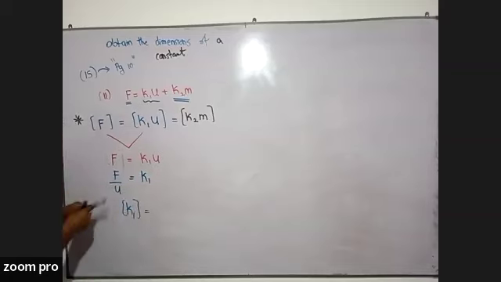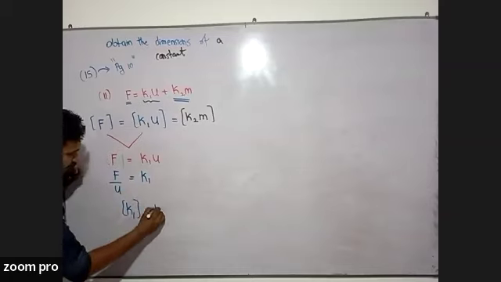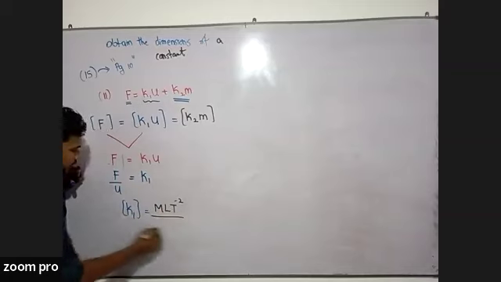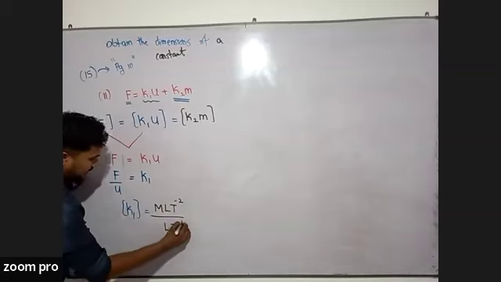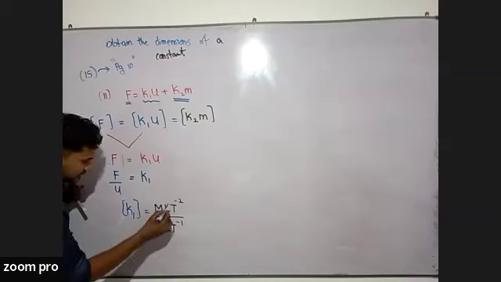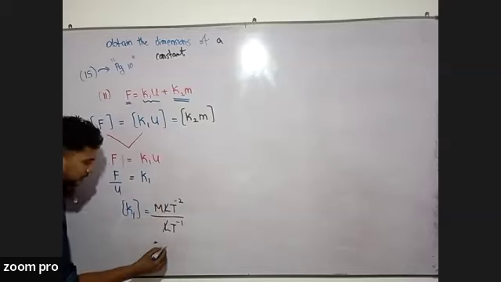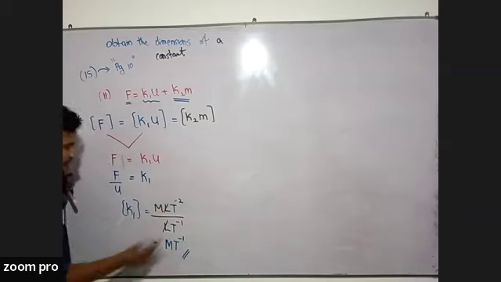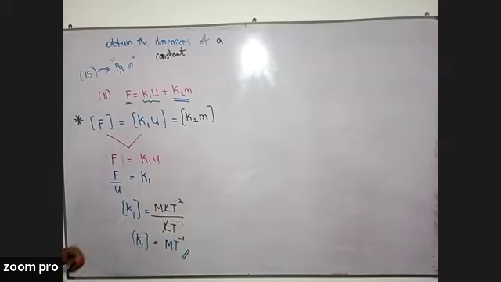F means MLT minus 2 over u, meaning velocity, that is LT minus 1. So when these cancel and the T minus 1 comes to the denominator, it is converted into MT minus 1. So this is the dimensions of k1, right?